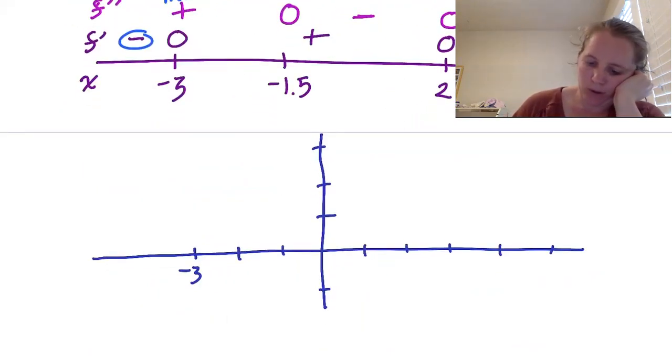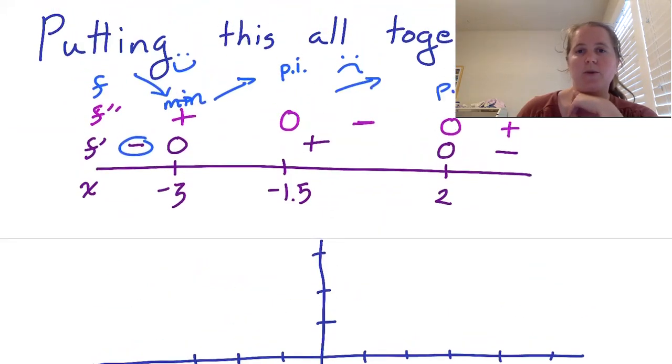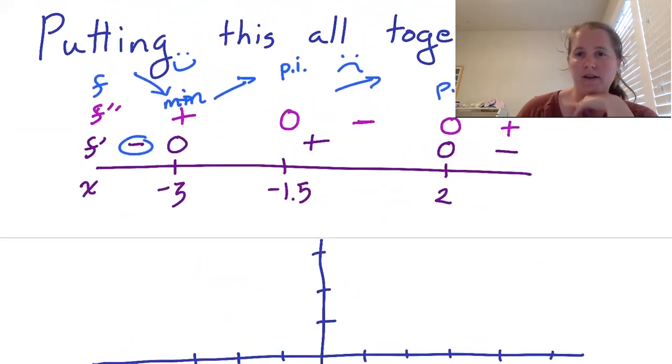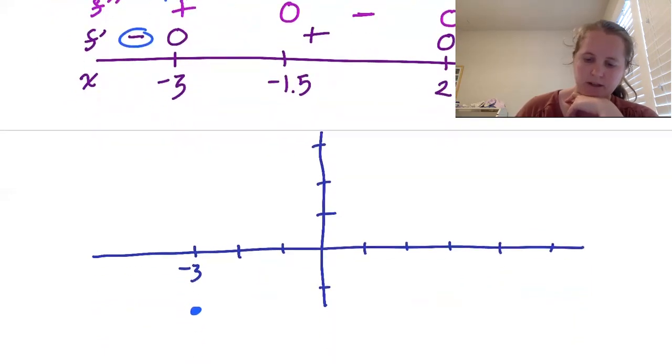So let's go ahead and put our minimum somewhere here, down below the x-axis. Then at -1.5, we're going to have a point of inflection, and we'll have another point of inflection at 2.